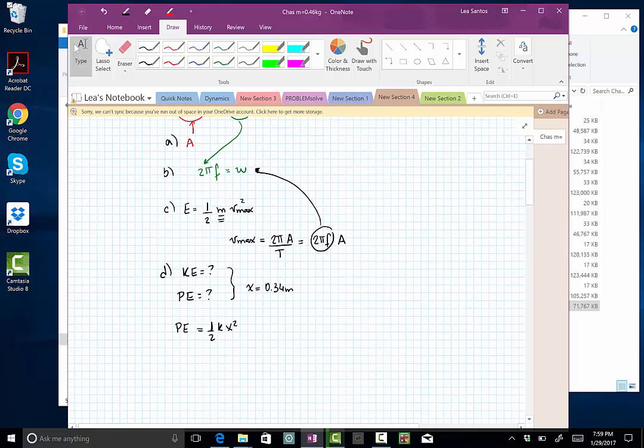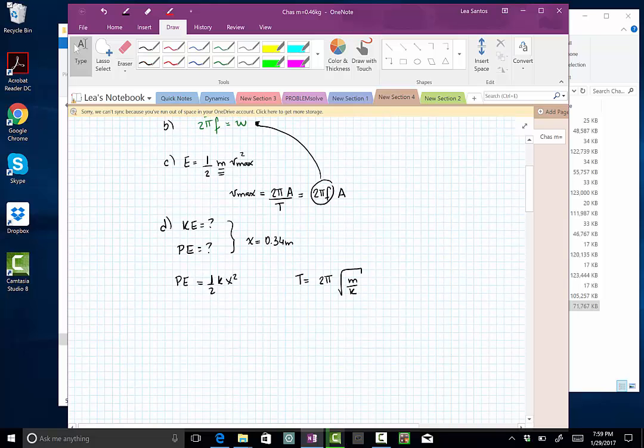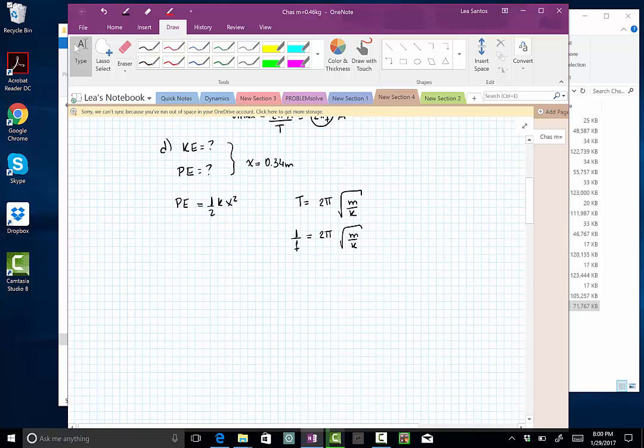How? Remember that we have an equation that connects the period with 2 pi square root of m over k, right? So from here, I can find k because I have the frequency, so I have the period, and the mass is given to us. So how would we find k from this equation? Well, let me write this as 1 over frequency is equal to 2 pi square root of m over k.